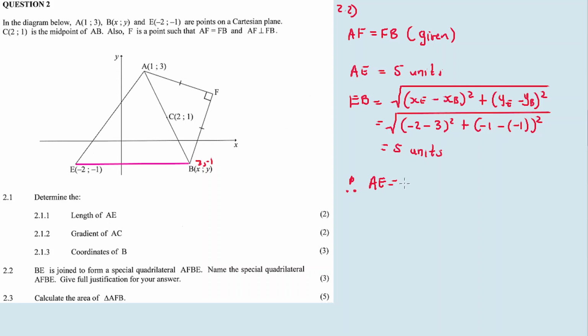Therefore AE is also equal to EB, right? Therefore AFBE is a kite, right? Why?